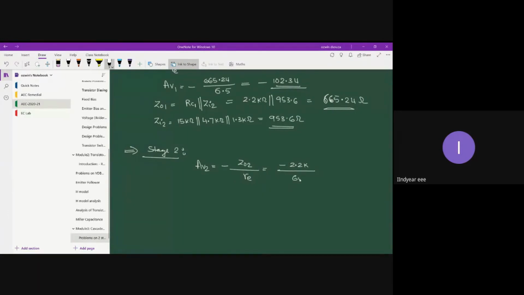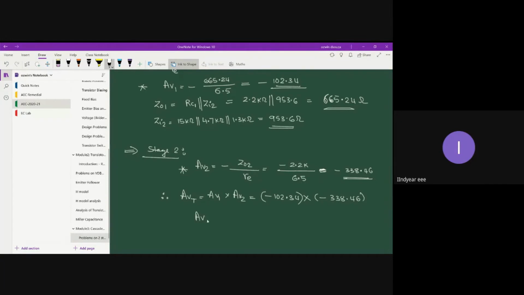6.5 ohms. So that will give you a gain value of minus 338.46. So you have the stage 1 gain as well as the stage 2 gain. Therefore, the overall gain AVT is equal to AV1 times AV2, which is minus 102.34 times minus 338.46.